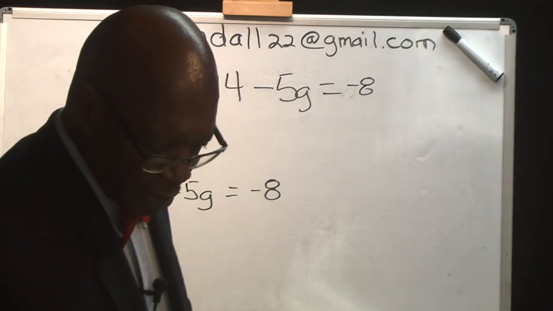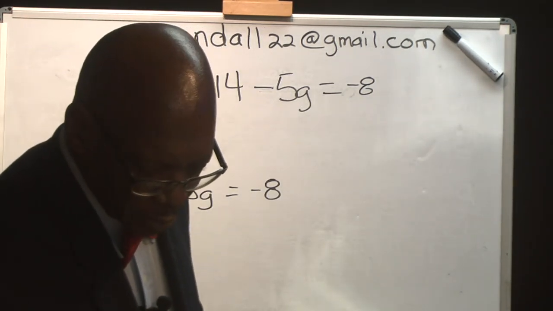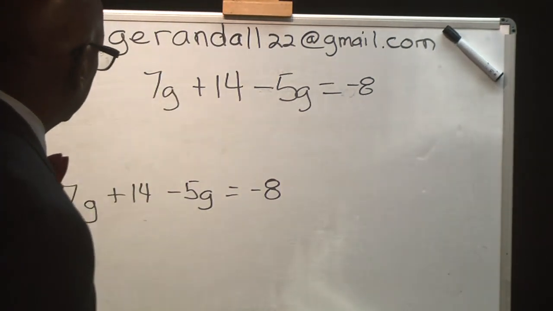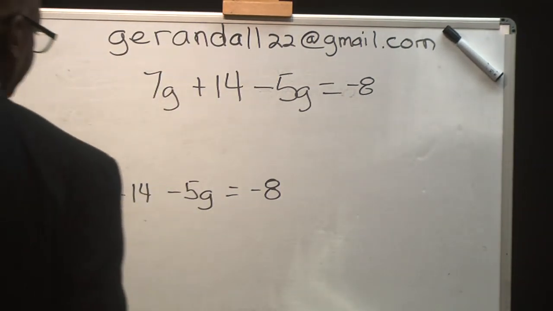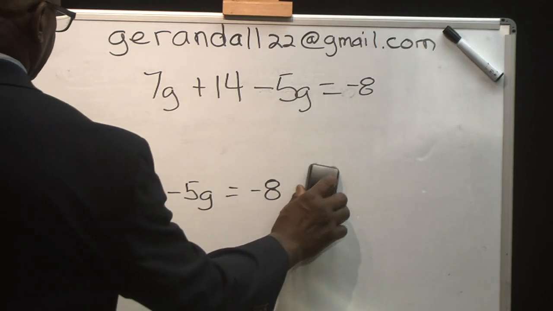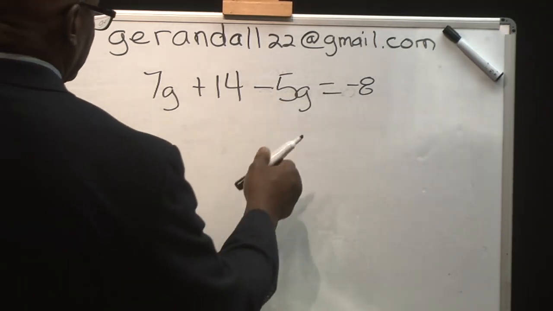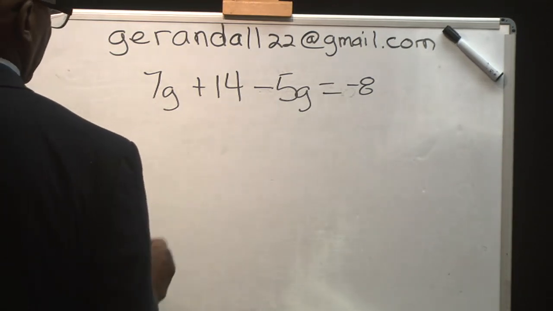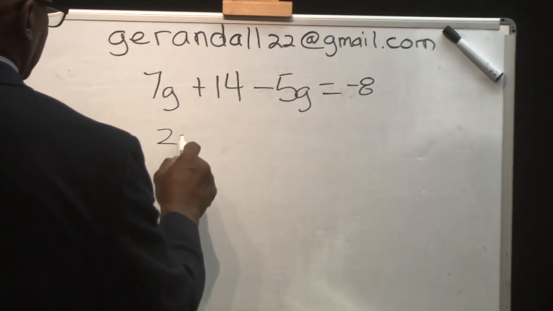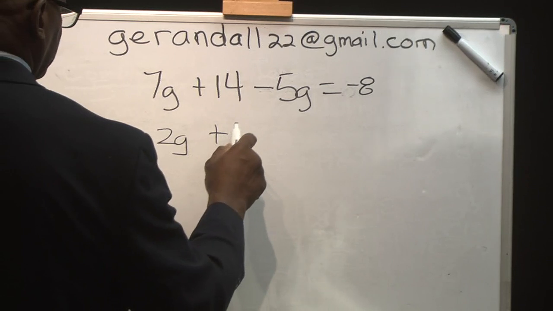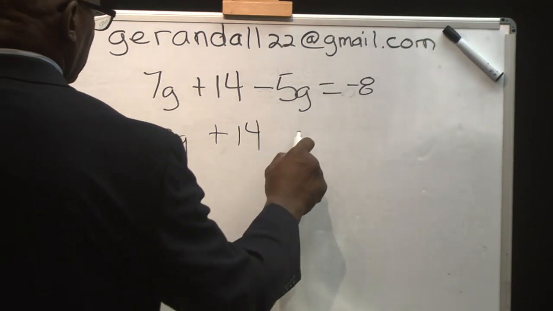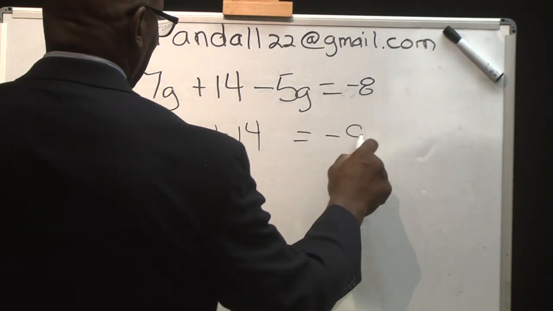Make sure we get that correct. Now, again, we've got to combine like terms. We've got a 7 minus 5. So that's 2g, right? Plus 14 equals minus 8.